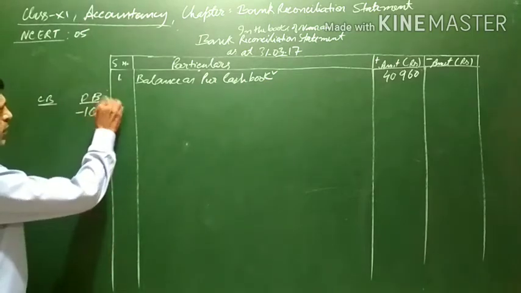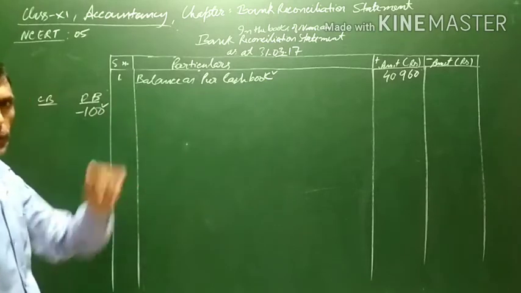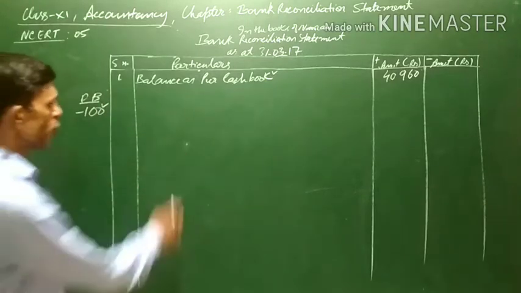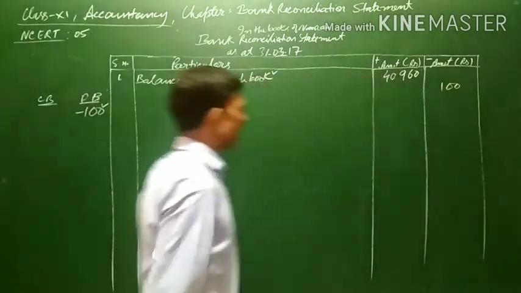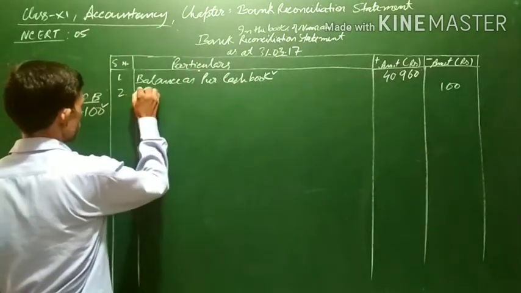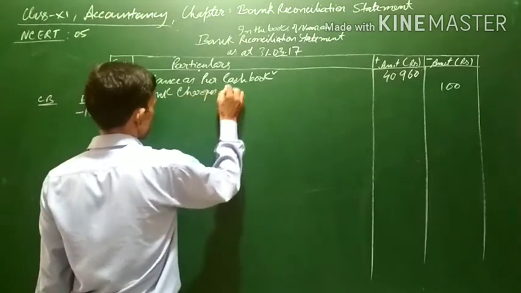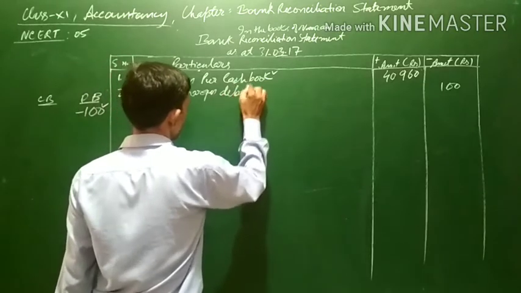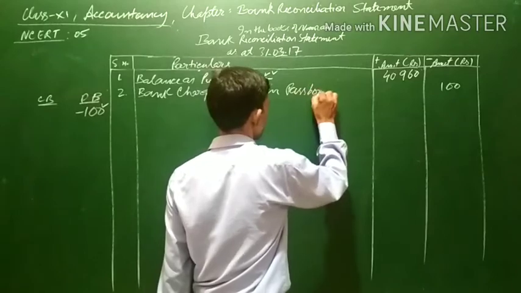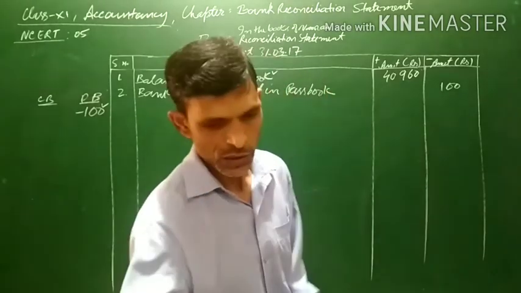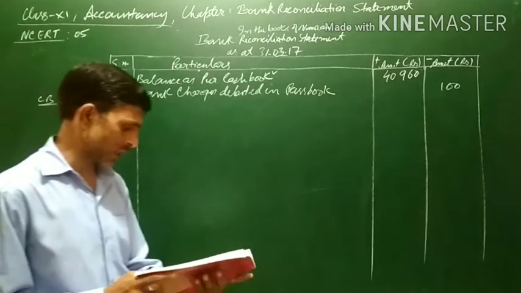There is a deduction of 100 for bank charges, so a lesser balance of 100 will be showing in the passbook. So we will write this 100 in the minus column, as bank charges debited in passbook. Since there is a deduction, less balance will be there in the passbook. That is why we are writing this on the minus side.